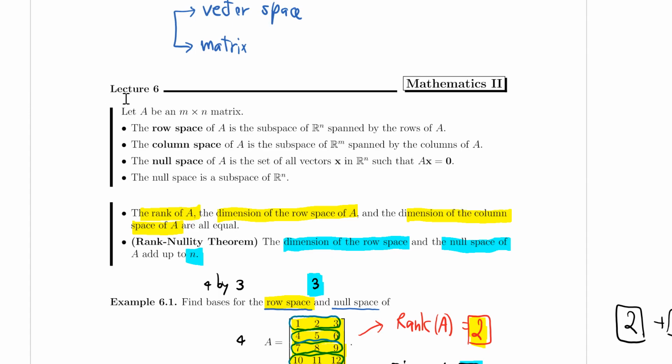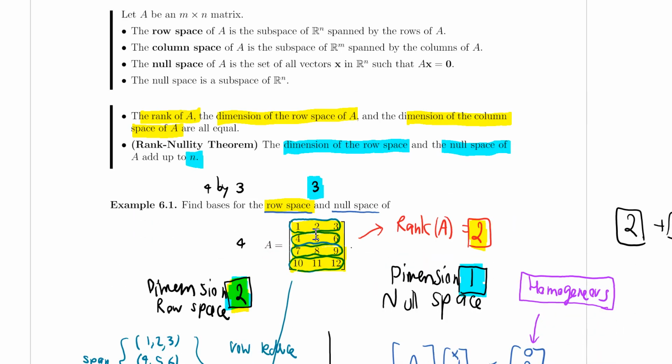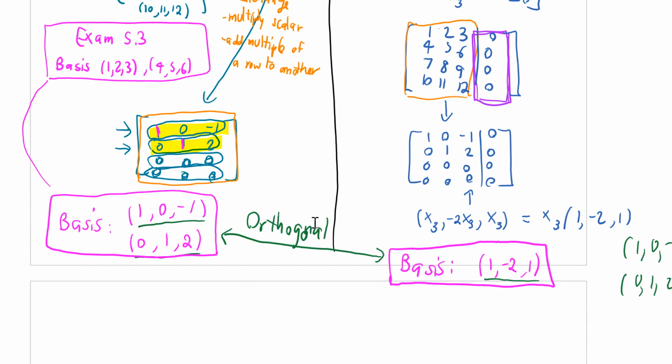When we talked about the row space and the null space of a matrix, we did this and that, and we eventually found that the basis for the row space of this matrix is 1, 0, negative 1 and 0, 1, 2, and the basis for the null space of this matrix is 1, negative 2, 1. See something here? These two vectors are the same vectors that we have in the example we just looked at, and this one is also the same as the normal vector we just looked at.